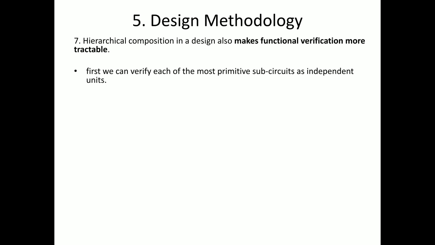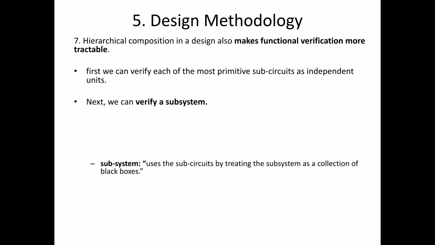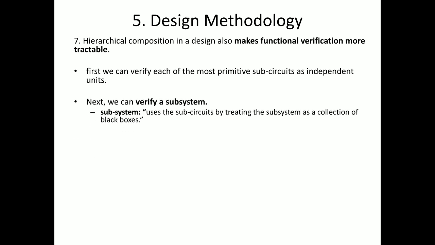If we take the ripple carry adder, we can verify the half adder, then the full adder, then the ripple carry adder. First verify the subcircuit, then verify the subsystem. That makes verification easier. Subsystem is nothing but a combination of subcircuits, a collection of subcircuits or collection of black boxes.